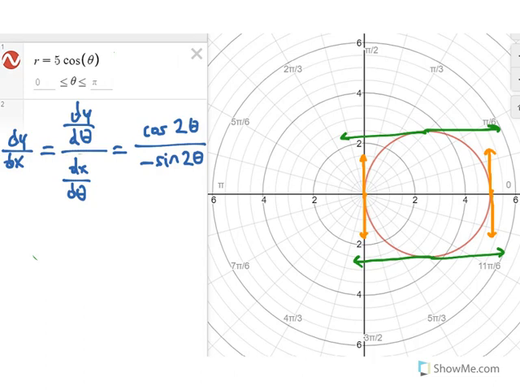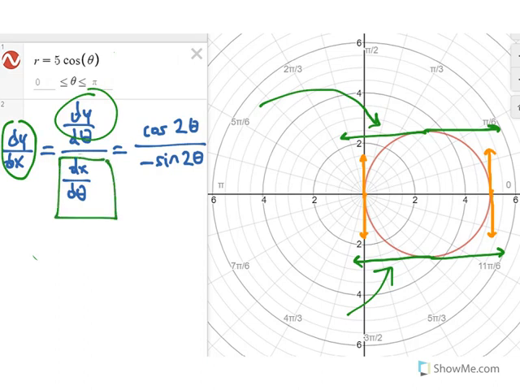So to find where the graph will have horizontal tangent lines, you can look at dy/dx, and you can see that when dy/dx is equal to 0, you'll have tangent lines whose slopes are 0. In other words, the 2 horizontal tangent lines. And for dy/dx to be equal to 0, the numerator must be equal to 0, while the denominator cannot be equal to 0.